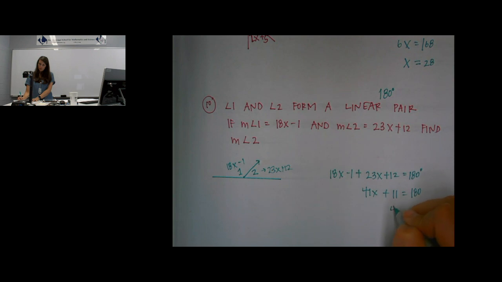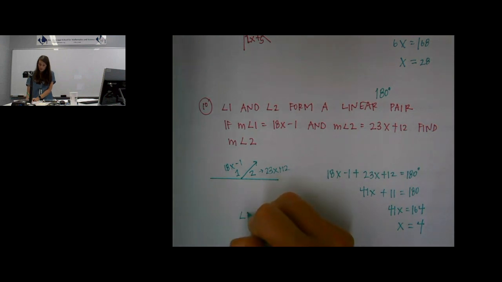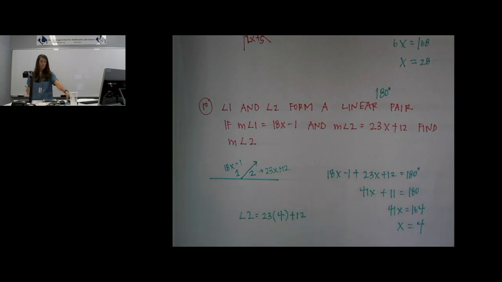Subtract, so 41x is going to be equal to 164, and divide 164 by 41, so that's going to be 4. Okay, so angle 2 is going to be equal to 23 times 4 plus 12. So 23 times 4 plus 12 is going to be 104.